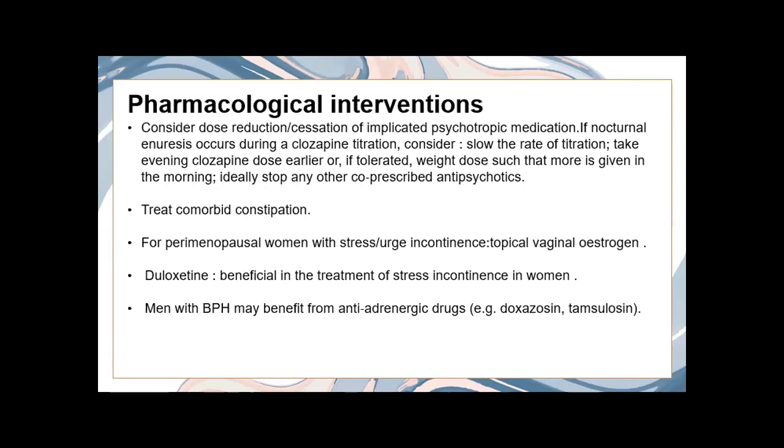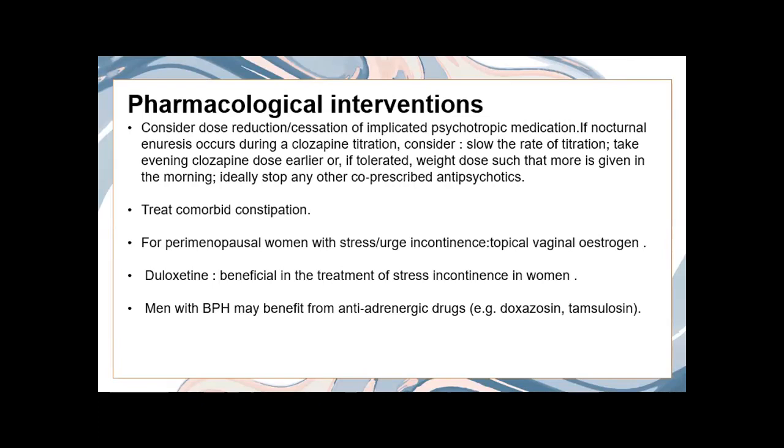Now, pharmacological intervention. We have to consider dose reduction or cessation of the implicated psychotropic medication. If nocturnal enuresis occurs during clozapine titration, consider a slow rate of titration, take the evening clozapine dose earlier, or if tolerated, weight the dose such that more is given in the morning.